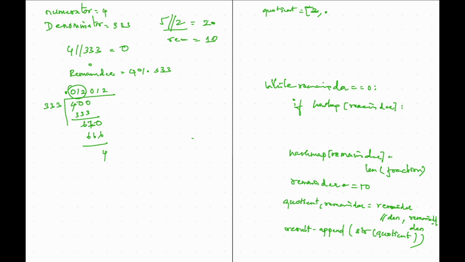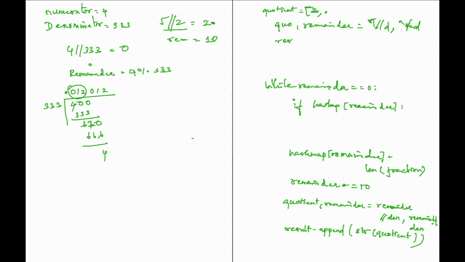As per what we did initially, we get the quotient by dividing and the remainder by mod of the remainder with the denominator. By this we get the quotient and remainder.